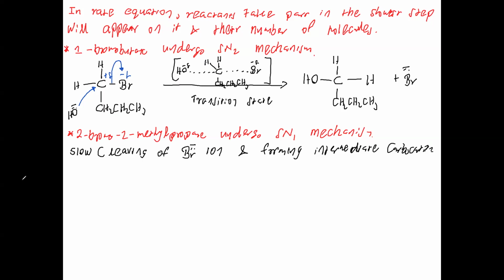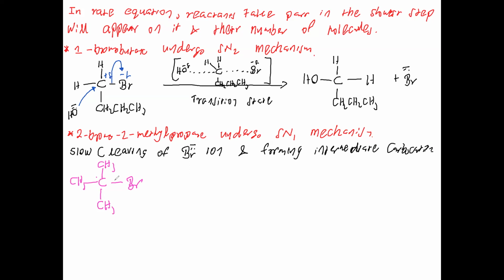So we have the molecule. Here we have bromine. Here it is CH3 group. This is CH3 group. This is CH3 group.